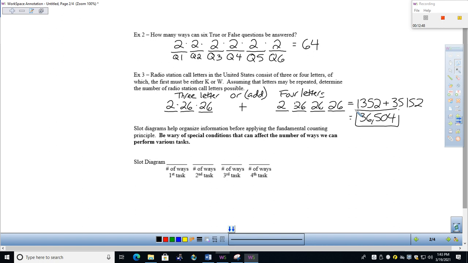All right. So you can see we're starting to build up a little bit here. This one had a little bit more to account for. And I've been using this intuitively, but I do want to be a little more formal with it down below here. So you can see I've been using what are called slot diagrams. Basically just a little slot and deciding how many possibilities there are for that individual task, and then the next individual task, and then the next individual task.